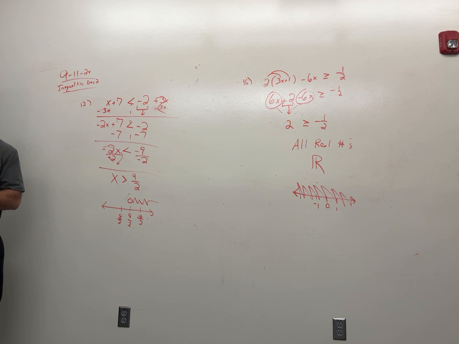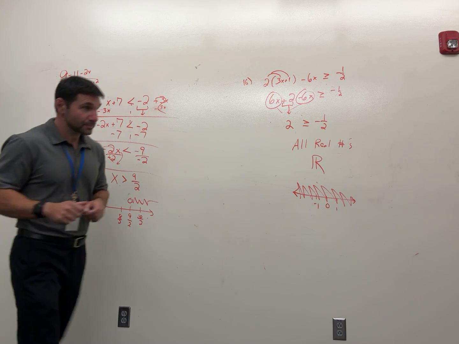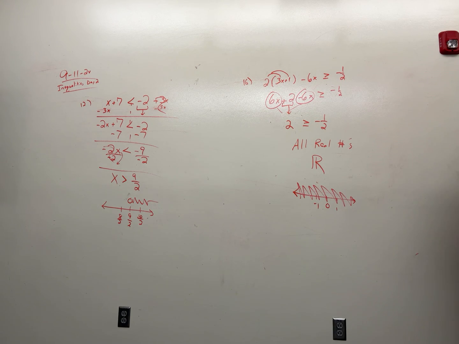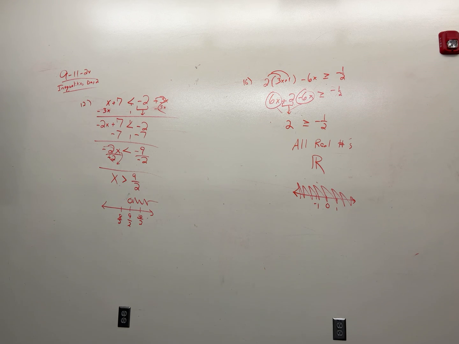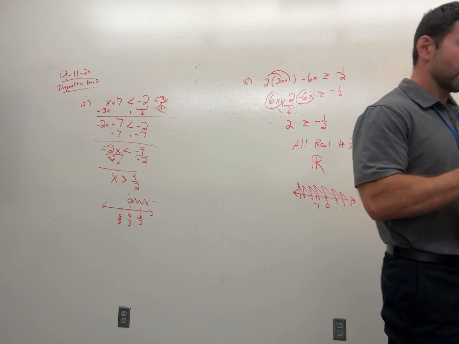So, here's what we're doing today. If you didn't do the homework, which a lot of you didn't do, you're going to work on that now. Which means those of you who did do the homework get to start on your bonus work. There are 20 questions here.